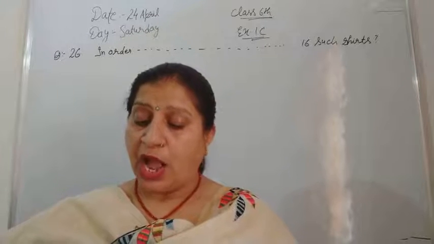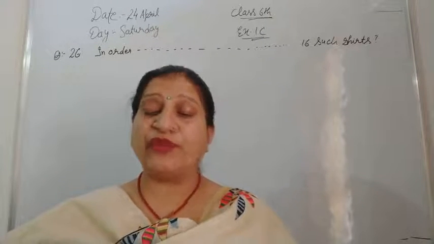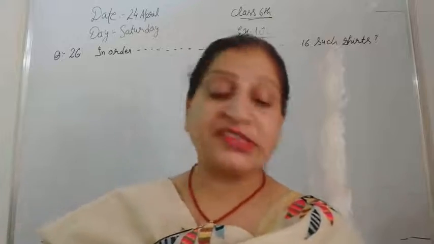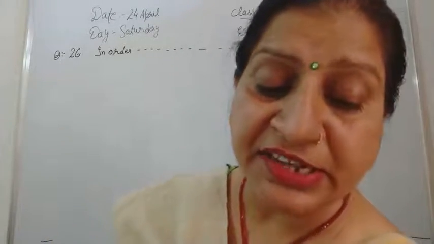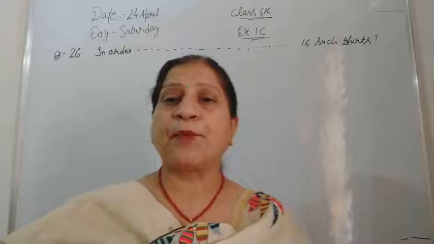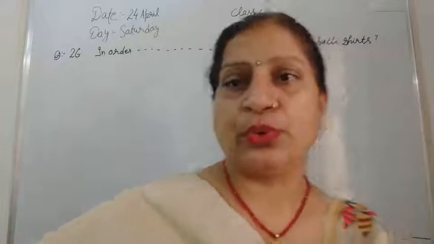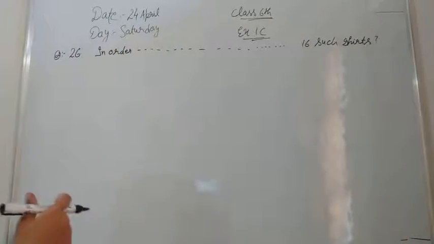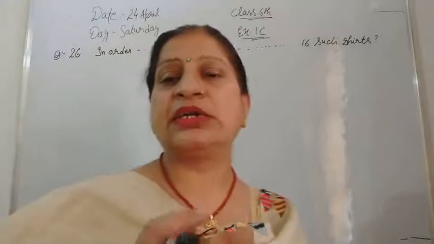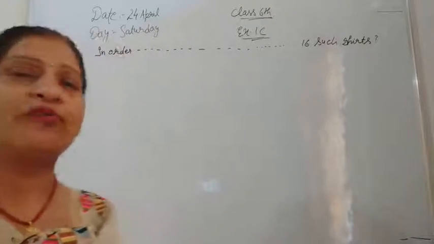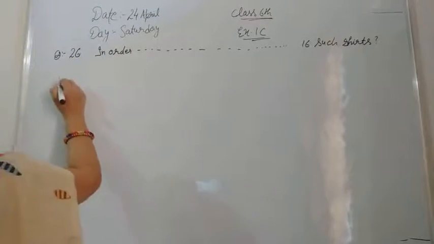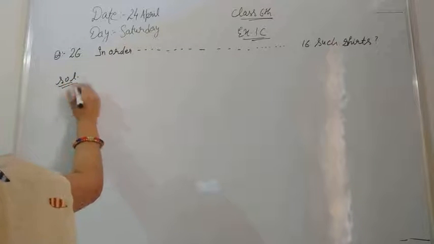Now how much length of cloth will be required for 16 such shirts? 16 shirts बनाने के लिए आपको कितनी लेंथ की जरूरत होगी? So 16 is more than one shirt, so it means that you have to multiply the numbers. Now we start to solve our question.